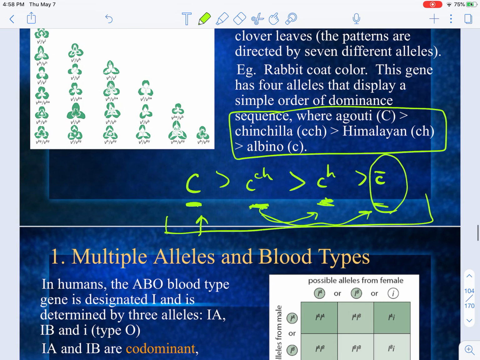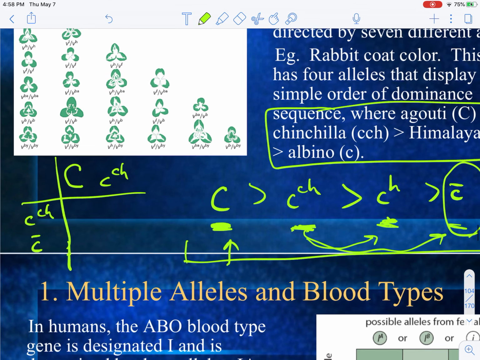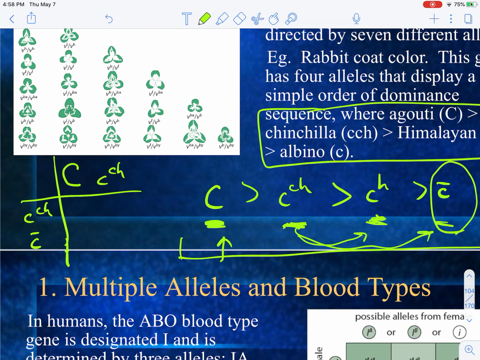In terms of this rabbit, you could say I've got a rabbit with this dominant agouti color carrying maybe a chinchilla gene. And what happens if I have a chinchilla gene and it's carrying or hiding an albino gene? When you do a cross like this, you just want to put the more dominant one first.